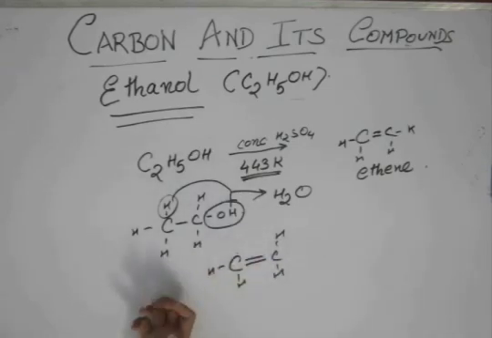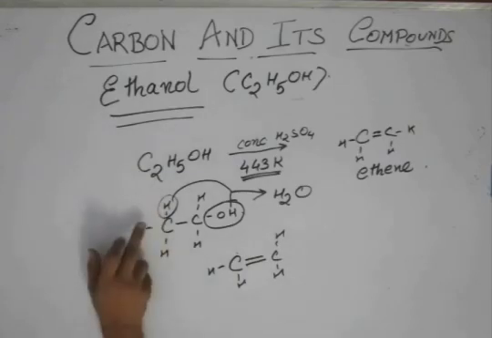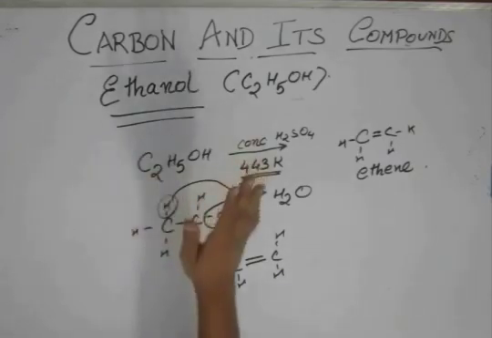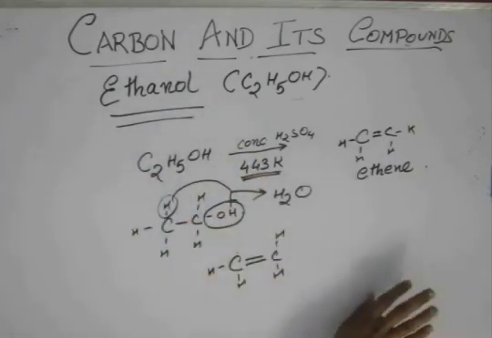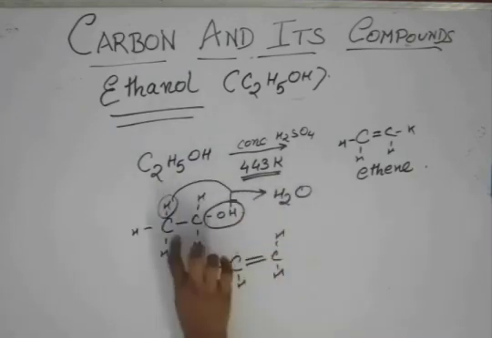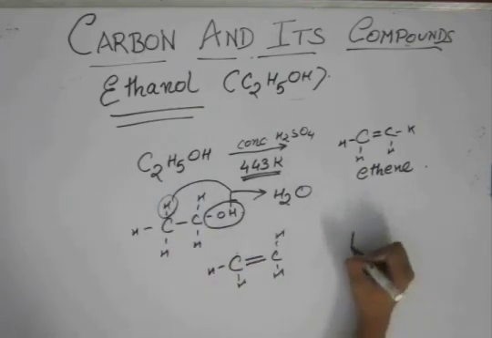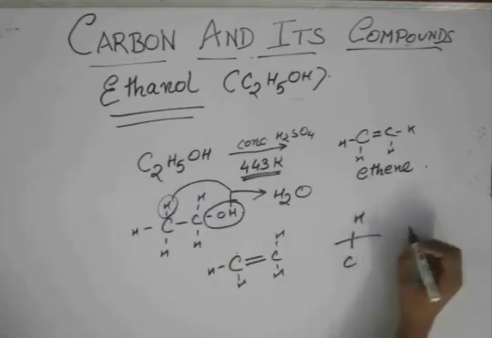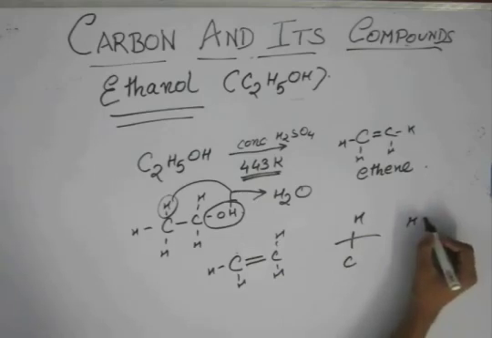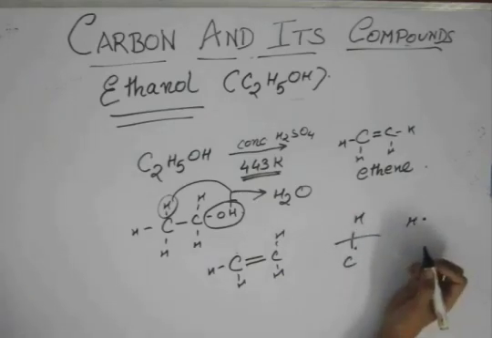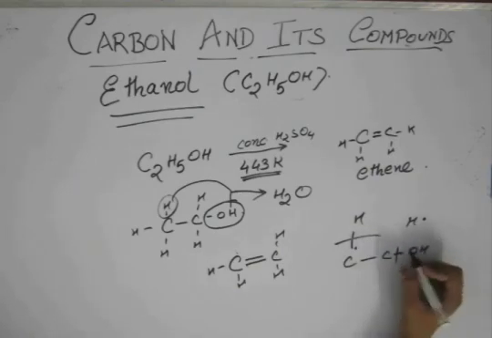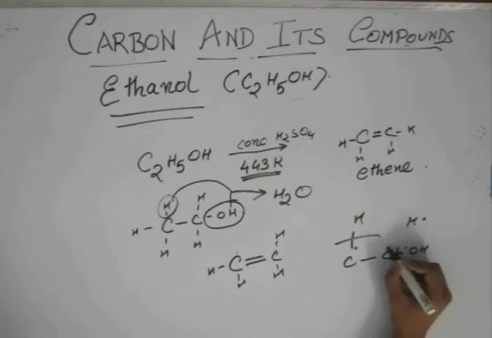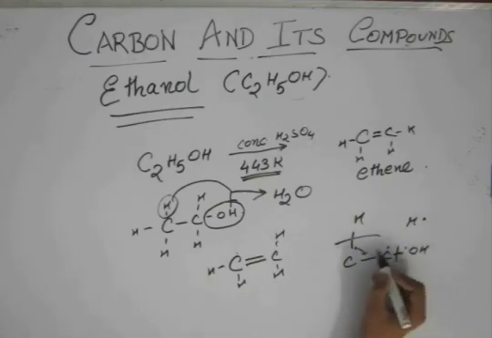You remove one hydrogen from one carbon and the OH group from the other carbon, they make H2O, and then the remaining electrons: when the bond breaks, hydrogen will take away one electron and one electron will remain with carbon. And when the other breaks, OH will take away one electron and one electron will remain with carbon. So these two electrons will form your double bond.